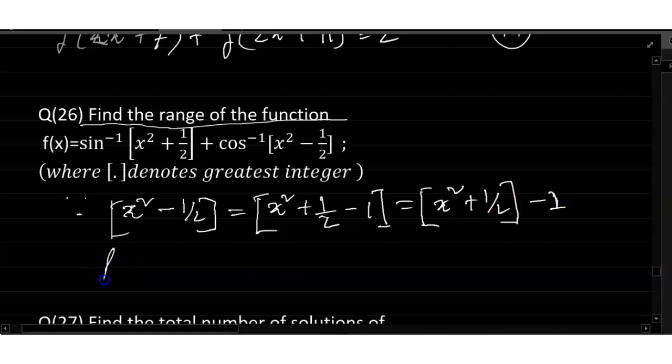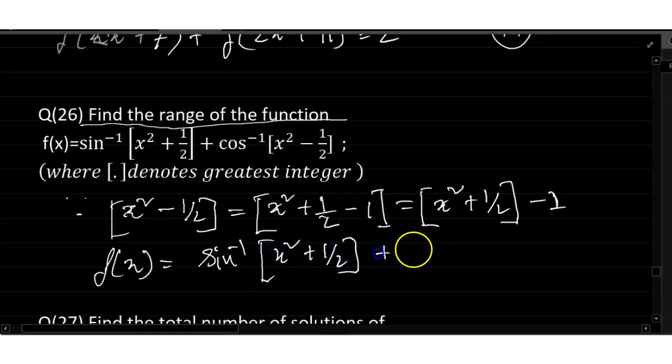We can write f(x) is equal to sine inverse(x square plus half) plus cos inverse(x square plus half minus 1).